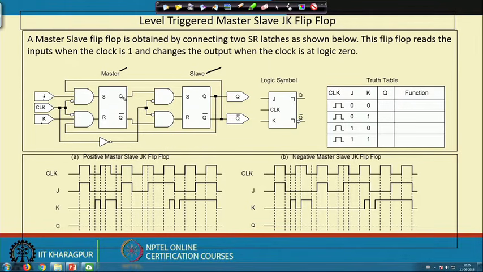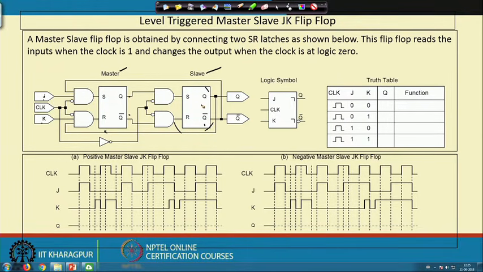So, the previous value will remain latched here. Now, this slave flip flop will follow the master flip flop. So, whatever the master has done previously, the slave will do now. So, with these two SR latches, the flip flop reads the value of inputs when the clock is 1 and changes the output when the clock is at logic 0.